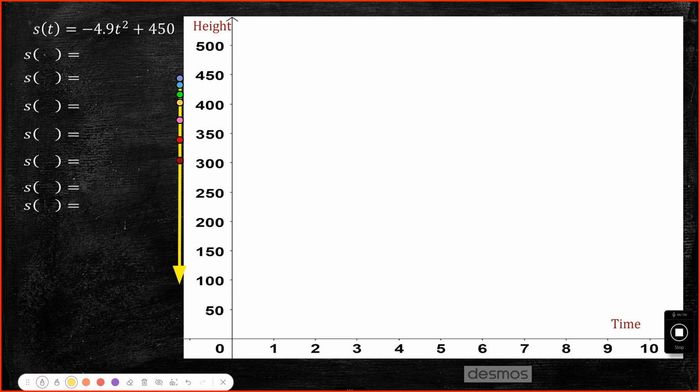So get your calculators or your phone. I don't know if you downloaded Desmos already, but if you haven't, I'll download it. And we're gonna find these heights, and then we can plot them.